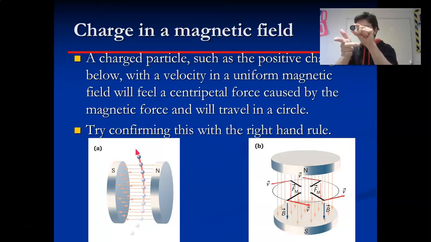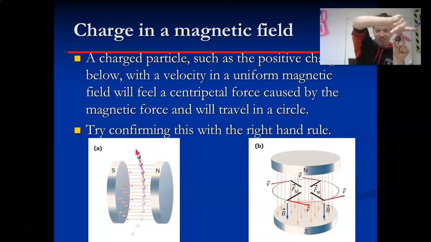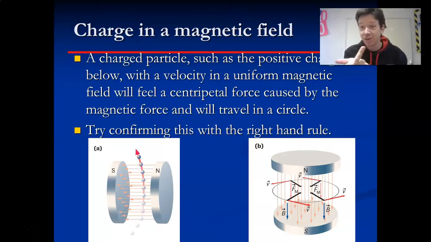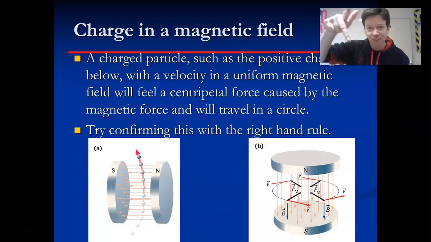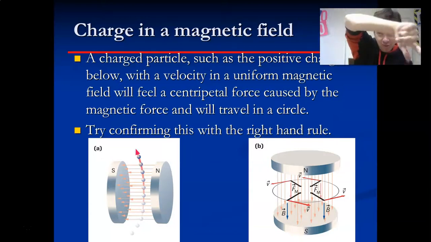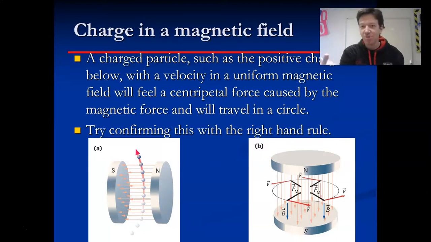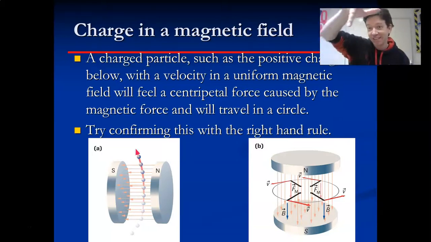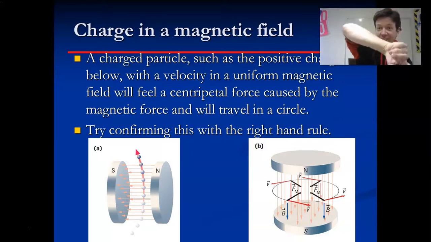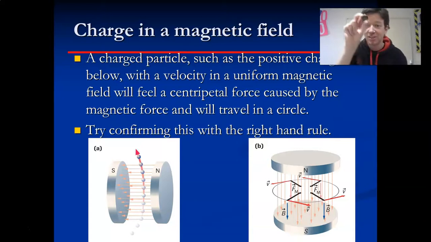And so what happens is the force keeps changing. And notice now that magnetic force really is a centripetal force, as it's always pointing towards some center-seeking area. And your particle starts moving under centripetal motion.